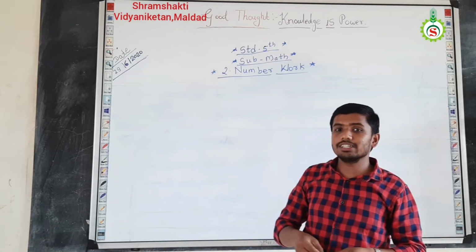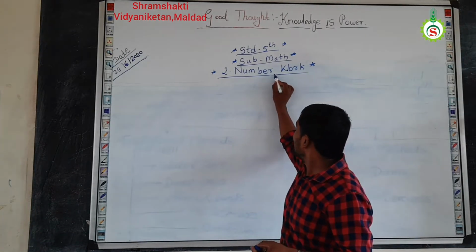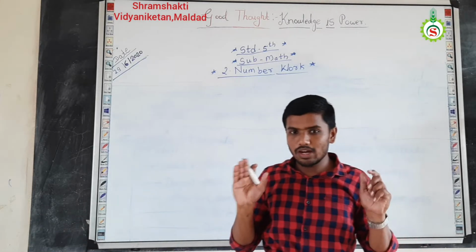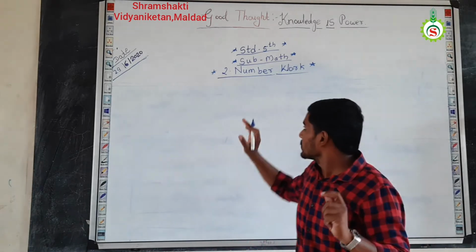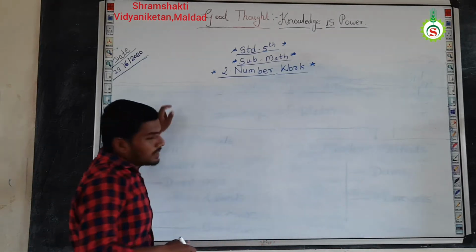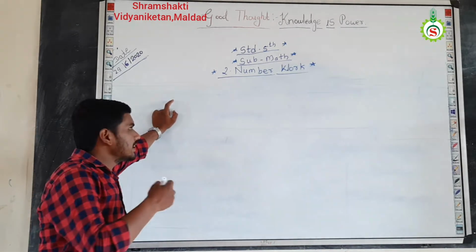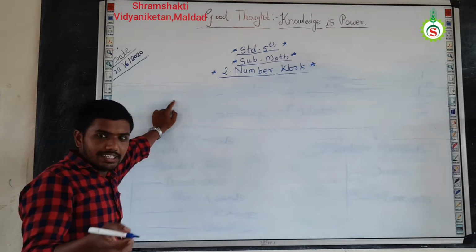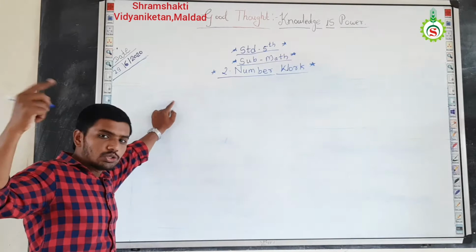But what is the difference? For which purpose we have to learn that chapter, we have to understand. From the first standard we are learning numbers, simply numbers, from 1 to 9 and then from 0 to many numbers.